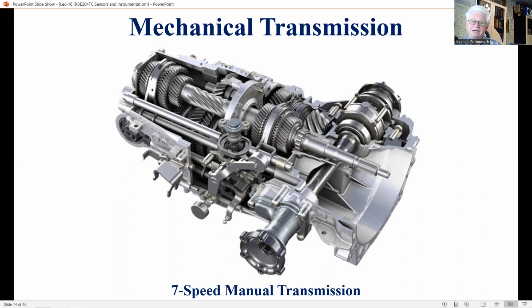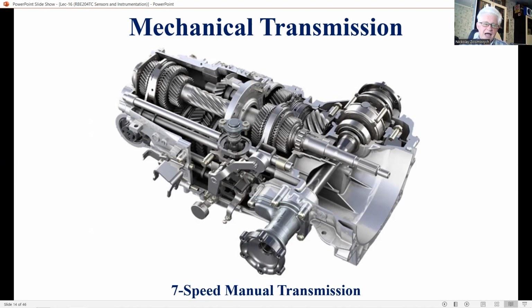For a specific application, consider a mechanical load driven by a motor. Often, direct driving is not practical owing to the limitation of the speed-torque characteristics of the available motor.